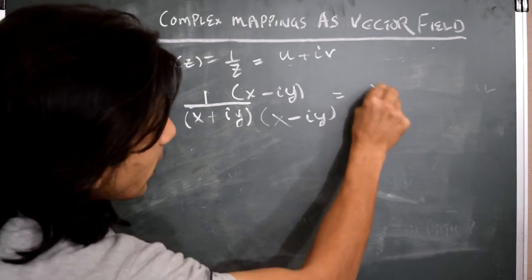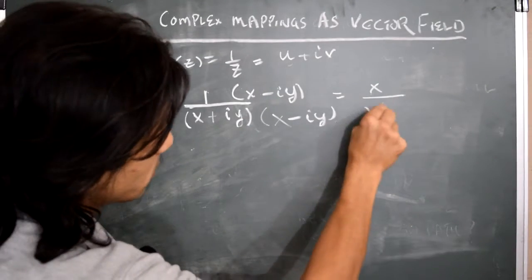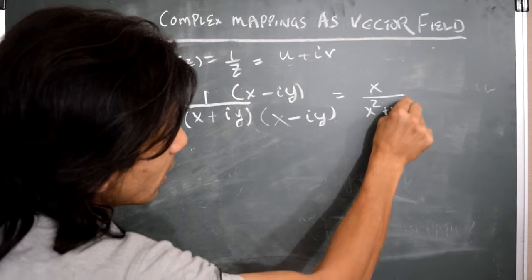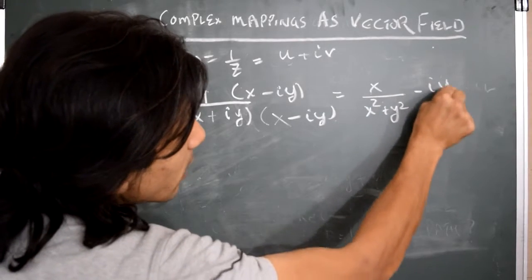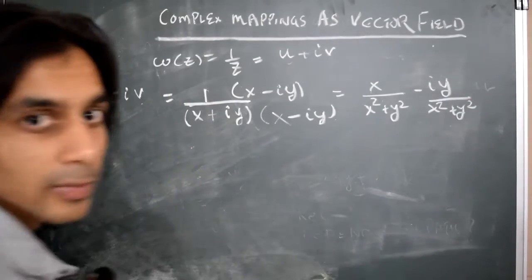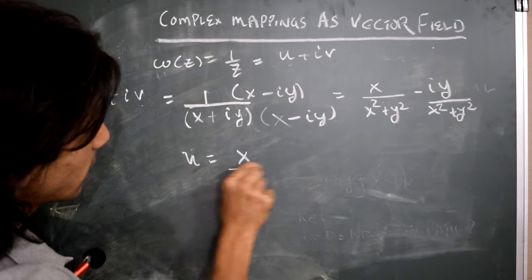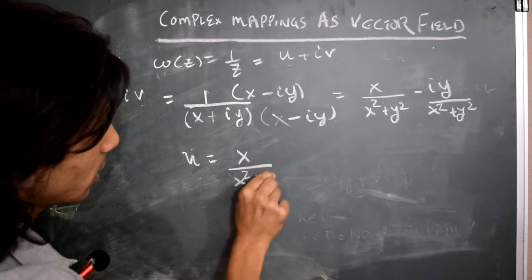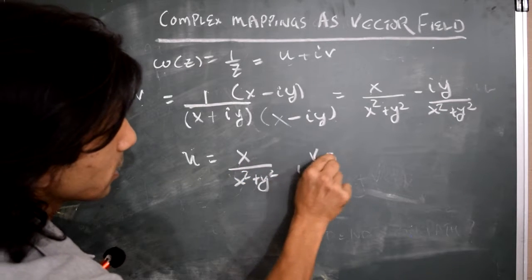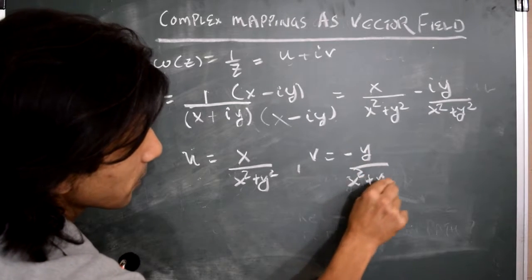And this will give us x divided by x squared plus y squared, which is nothing but mod of z squared, but let's just write it as x squared plus y squared, minus i times y divided by x squared plus y squared. Okay. So this gives us u is x divided by x squared plus y squared, and v is minus y divided by x squared plus y squared.